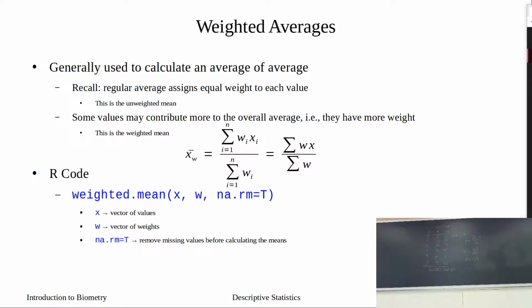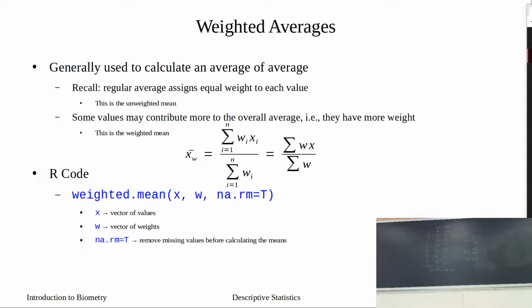And you might ask, why not? It's because if we're generating summary statistics, we also generate a measure of dispersion, and we don't have an equivalent weighted dot variance function or a weighted dot standard deviation function. We have to do things separately, and I'm going to show that to you next.